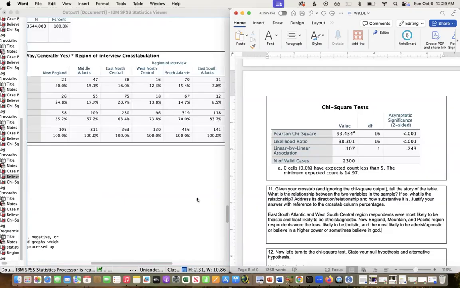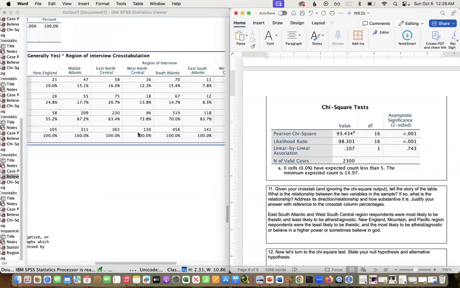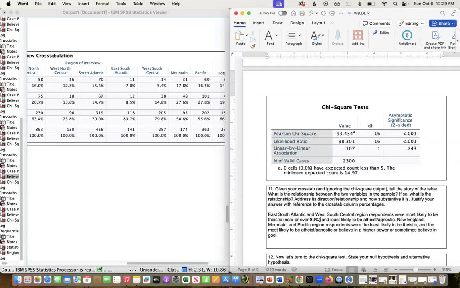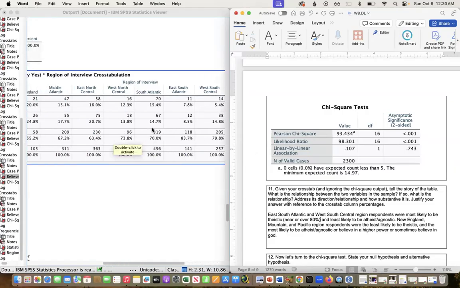So for these, we're saying the most likely to be theistic, they are around or over 80%. So about 4 out of 5 plus respondents there, and least likely to be atheist agnostic.